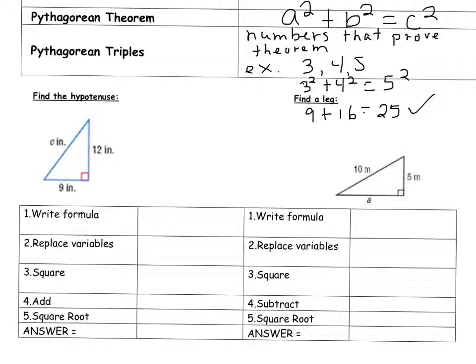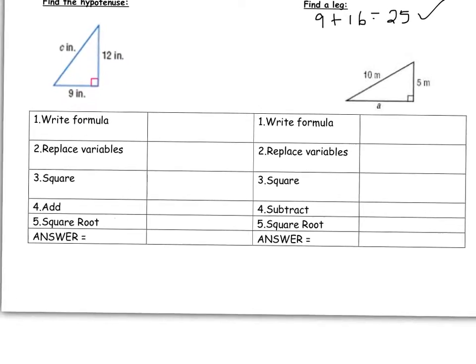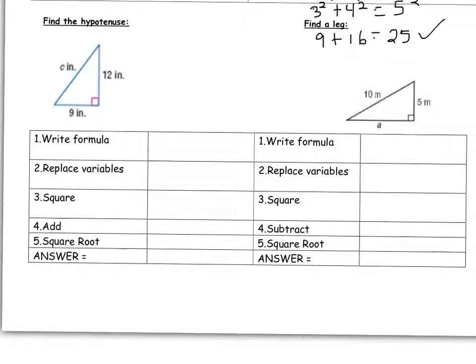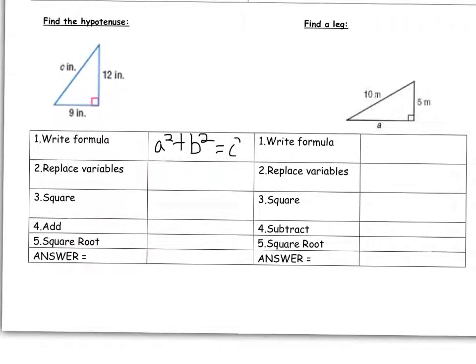The last thing we're going to do today is, after you find the Pythagorean triple, there is a way that you can use the formula to find a missing side length. So the first thing we're going to do is find the hypotenuse. So you're going to use your formula, a squared plus b squared equals c squared.